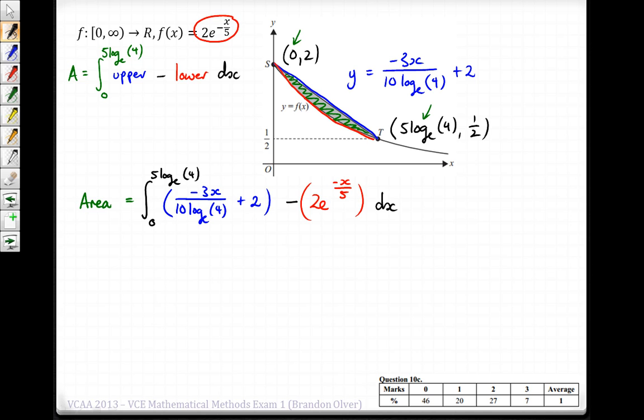So just to make that really clear, that's the integral that we're going to try and process now.